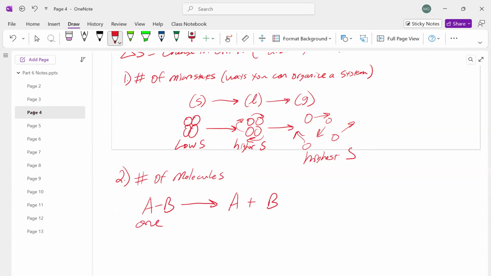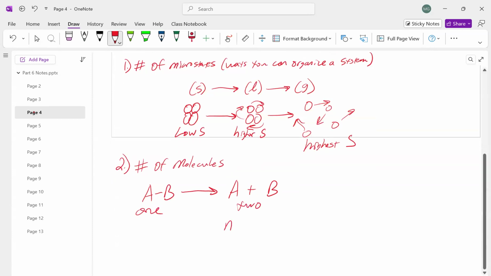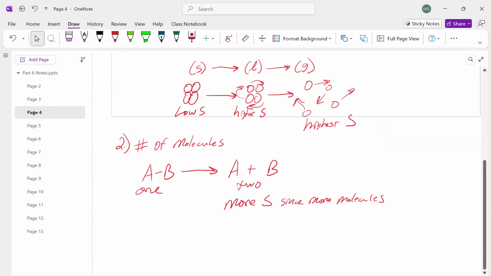Here we went from 1 to 2, increasing the number of molecules increases the entropy. The opposite would be true if I went the other direction. If I took 2 molecules and made it 1, then that decreases the entropy.